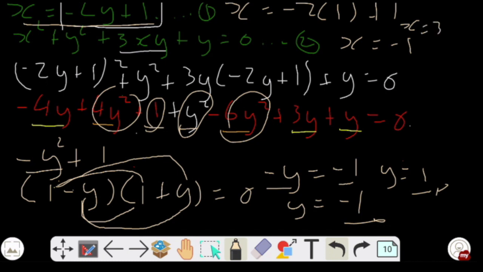X equals 3, because a negative and a negative is a positive.